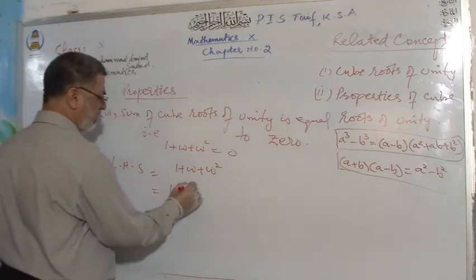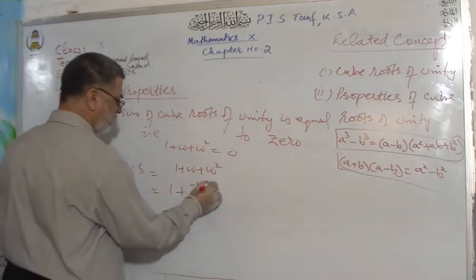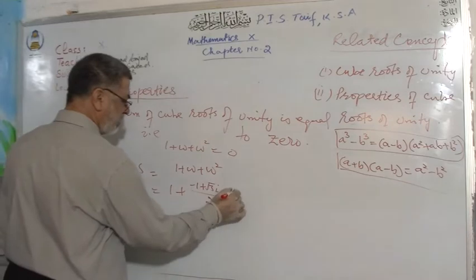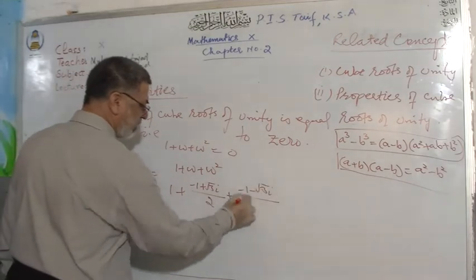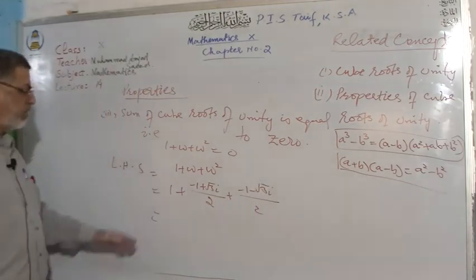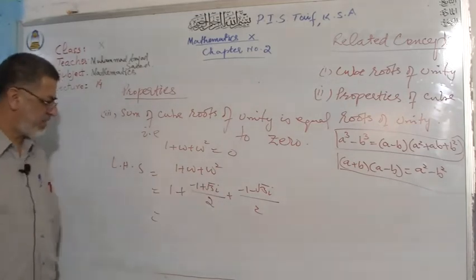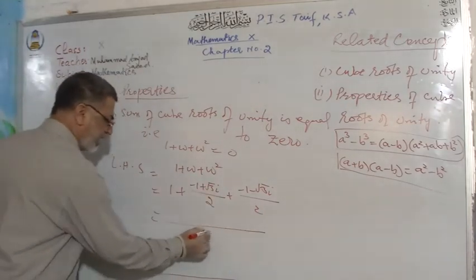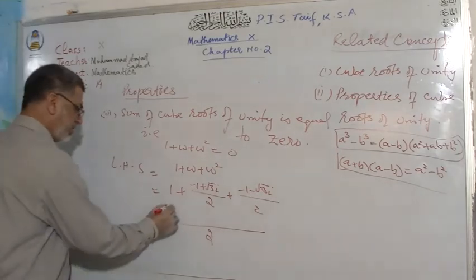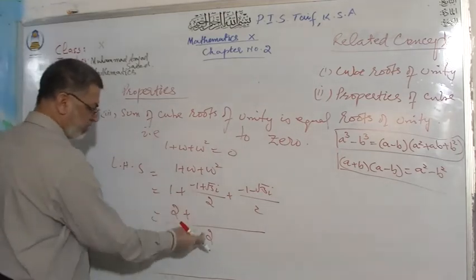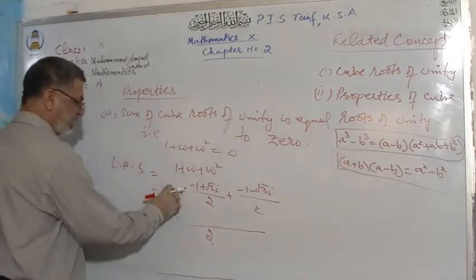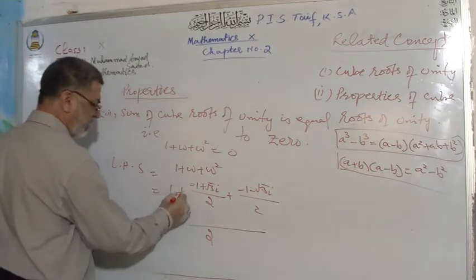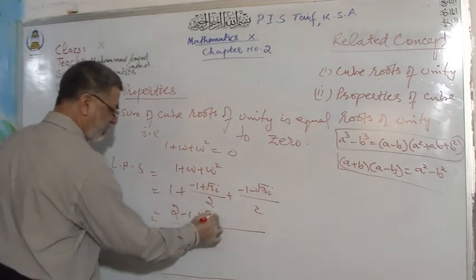1 plus, what is the value of omega? (-1 plus 3 under root iota) over 2, plus (-1 minus 3 under root iota) over 2. Put the values of omega and omega square. You can take 2 as LCM. 2, 2 cancelled, 1, and we have plus (-1 plus 3 under root iota) over 2.